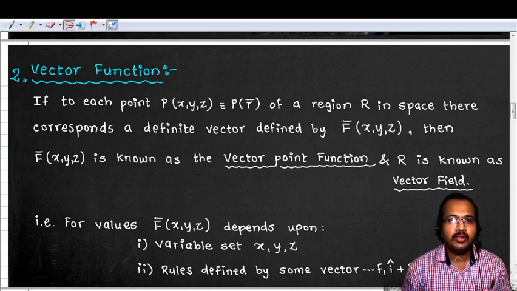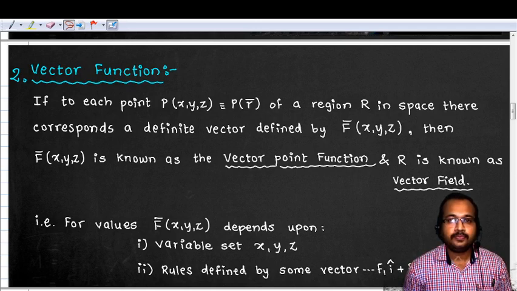So in general, a vector point function basically depends upon two components. The first one is the variable set x, y, z, and the second one is the set of rules defined by a vector.